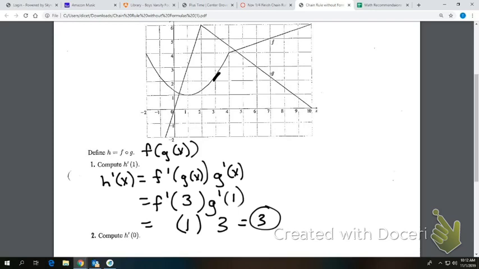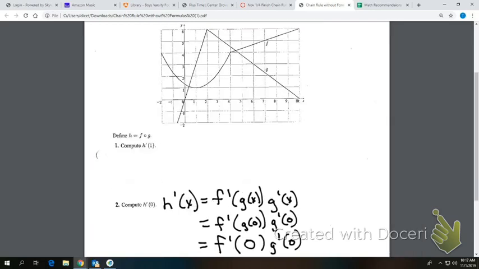Are you all to here on number 2? Is it f prime of 0 times g prime of 0? Did I get that right? Okay, let's see if I can do it right this time. Here's f. So the slope at 0 is a negative value, agree? I'm just going to make it -1, even though it might not be exact.